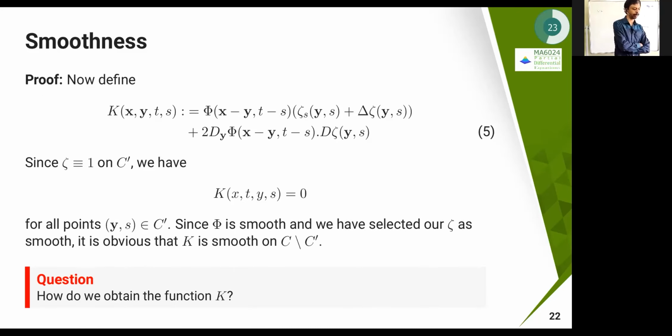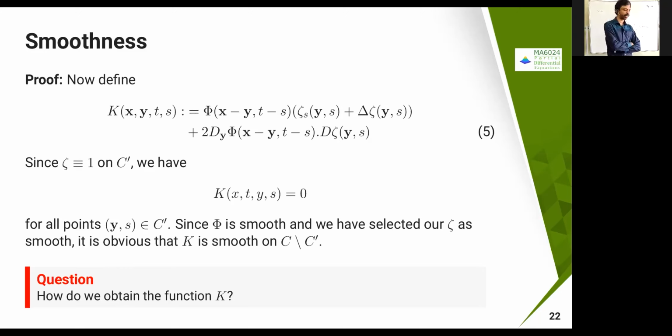Here I'm denoting s because I'm using the variable y, s. So theta of s plus delta psi of y, s. I'm combining this theta by multiplying with my fundamental solution, and also taking a derivative of the pi and a derivative of theta, and then multiplying it. So this is the one which I am taking.